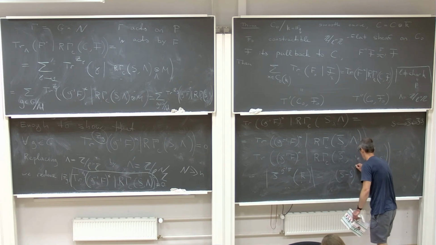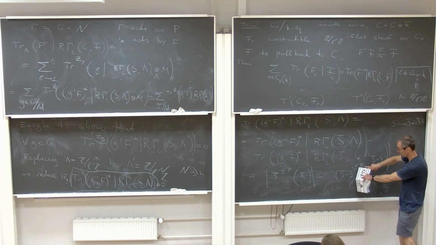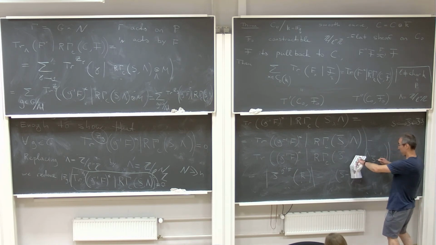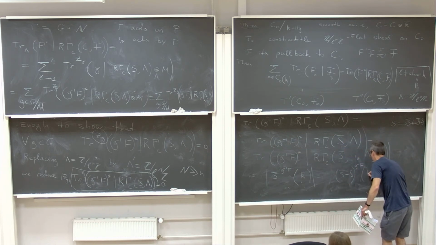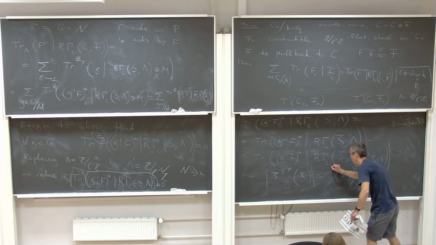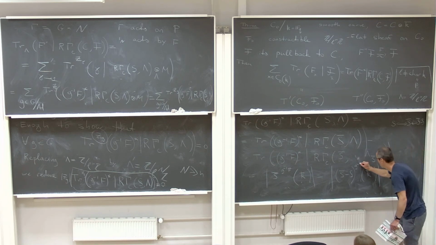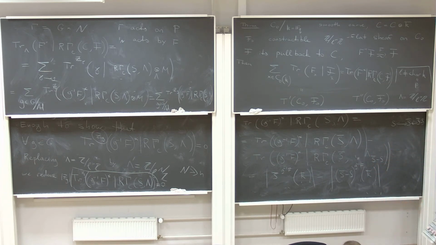So you take G inverse F. So this is a finite collection of points. You take only those points which are fixed under this. Because, again, that's a permutational module. Okay. So we reduce to proving that this quantity is 0.